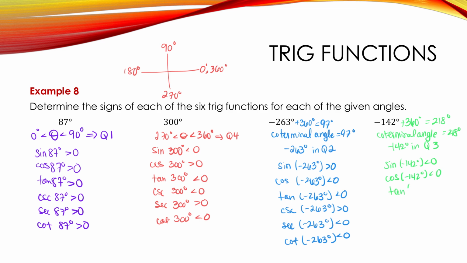But this is where we know tangent of negative 142 degrees will be positive. 1 over sine, cosecant of negative 142, will be negative. 1 over cosine, secant of negative 142 degrees, is also negative, but 1 over tangent, which is cotangent of negative 142 degrees, will instead be positive. It's all about which quadrant it lands in.